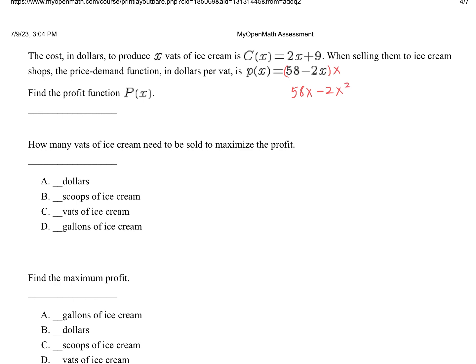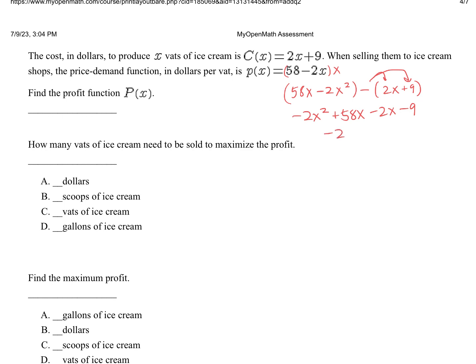And then that gives us the revenue, and we're going to subtract the cost. So that's going to give us negative 2x squared, I'm going to reorder it, plus 58x minus 2x minus 9.